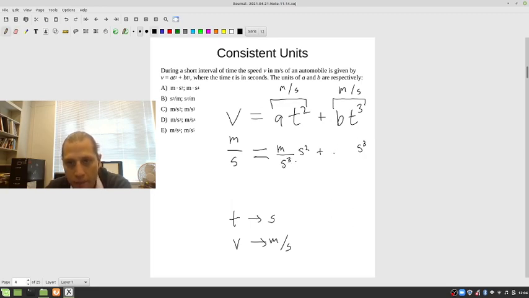Seconds cubed on the top means I have to have seconds cubed on the bottom, but then I need to take it times meters per second because overall I want units of meters per second. So this seconds times seconds cubed gives me seconds to the fourth. Okay, so the units are going to be meters per second cubed and meters per second to the fourth.